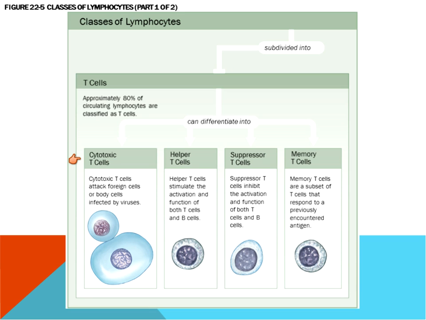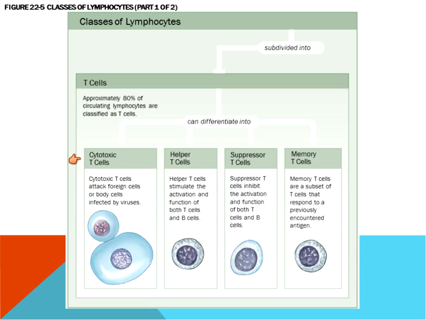So it suppresses and inhibits the activation of T cells and B cells, and they act as a regulator. You may have heard suppressor T cells referred to as regulatory T cells because they regulate and monitor these classes of lymphocytes, both B cells and T cells.